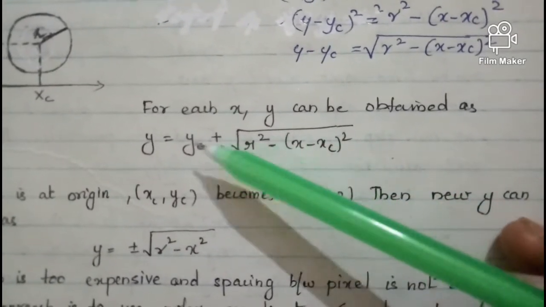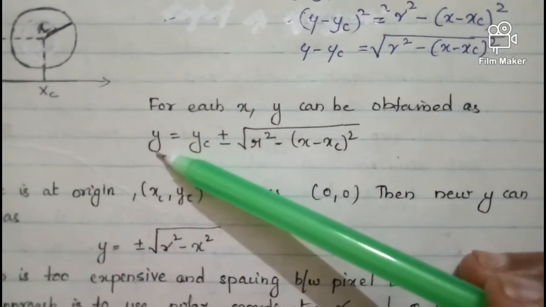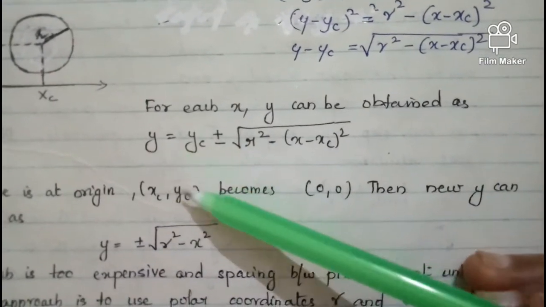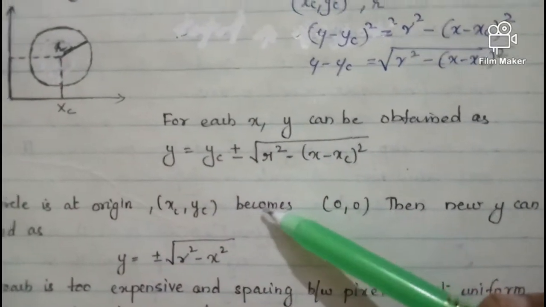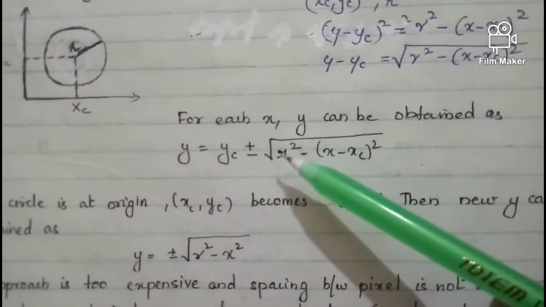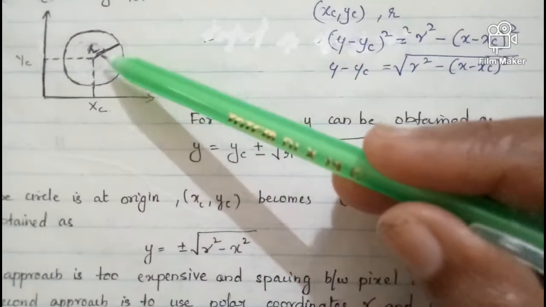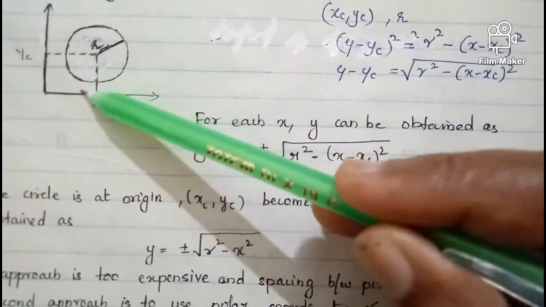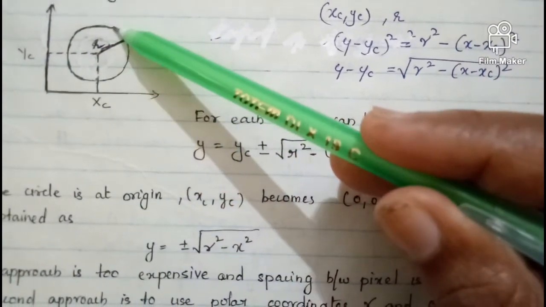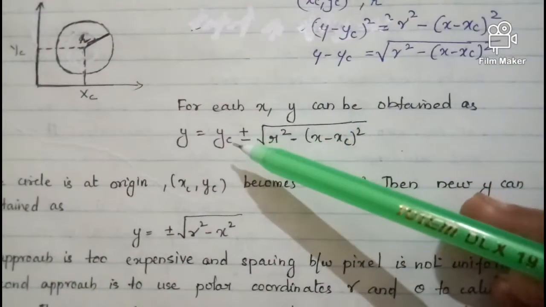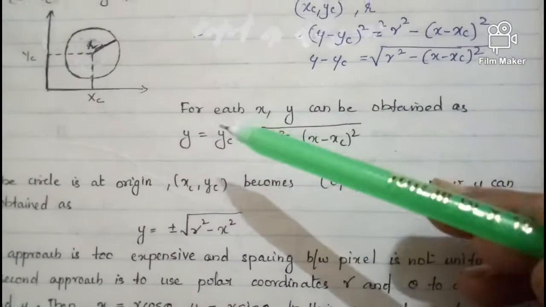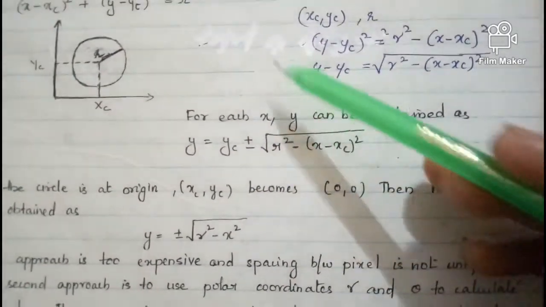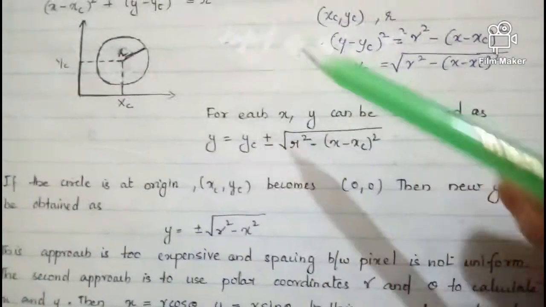So these 4 values are needed to find the value of y. But this method is a little bit complicated. Why? Because to compute each value of y on the circumference of the circle, we require all these values. So it is very difficult to use this equation every time to compute all these pixel positions.